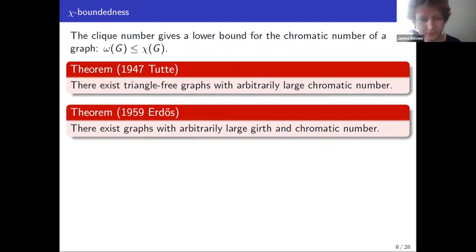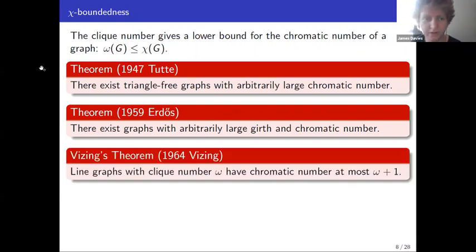So although you can't do it for the class of all graphs, we've already seen that circle graphs are one example where you can get an upper bound in terms of the clique number, with this 7 omega squared bound. Another example, perhaps a more familiar one, just stated slightly differently, is Vizing's theorem on edge coloring line graphs.